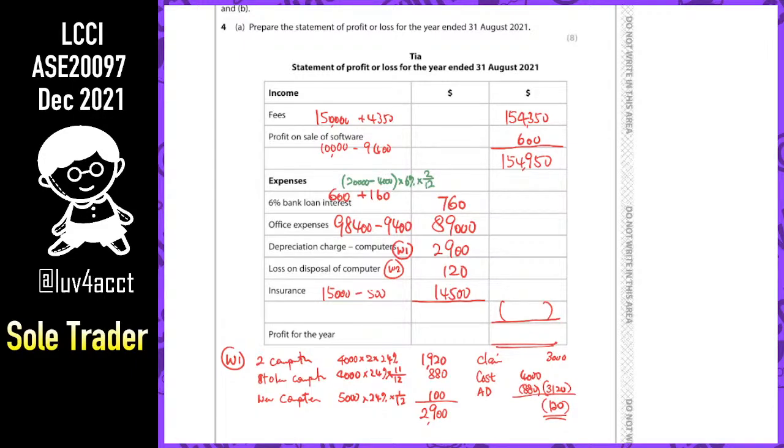I mean the final result, I don't know if it is profit or not. 107,280. 47,670. So that would be your answer for this part.